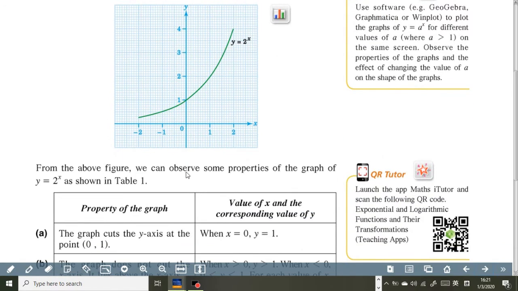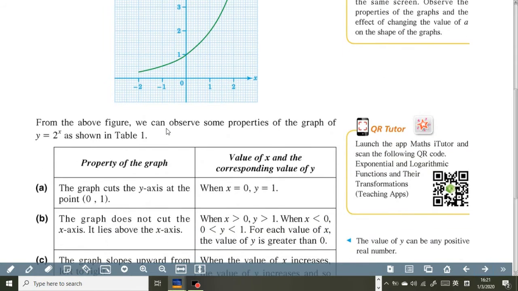We must have some properties about this line. If you put x equal to 0, you will get y equal to 1. So it passes through the point (0, 1). It is very, very important. It does not depend on the base.